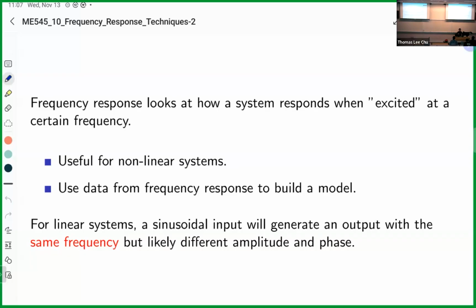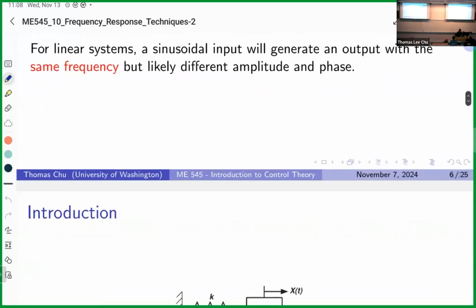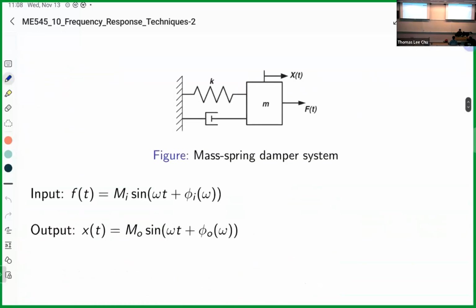There are cases where we can have the same amplitude and phase, but most likely it's going to have a different amplitude and phase, but the frequency is going to remain the same. That's going to be the case for all linear systems. So for this class, we can make that assumption.